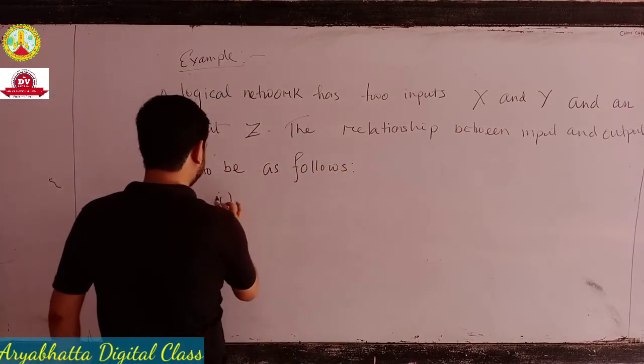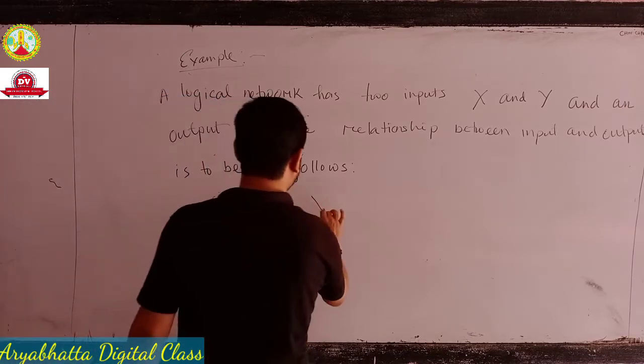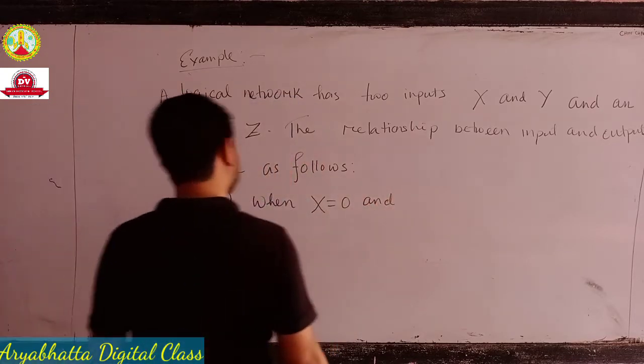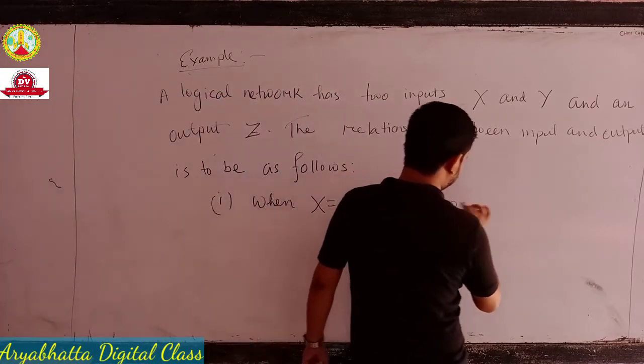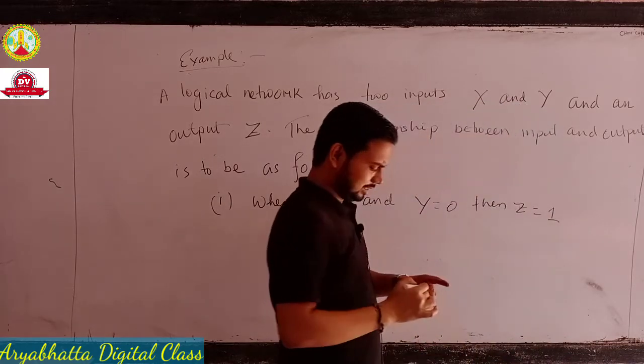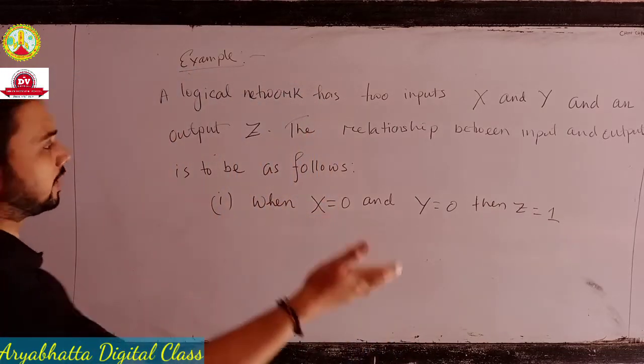What is the relationship? You see, when x is equal to 0 and y is equal to 0, then z is equal to 1. There is some relationship, okay. We have to find the truth table after that.